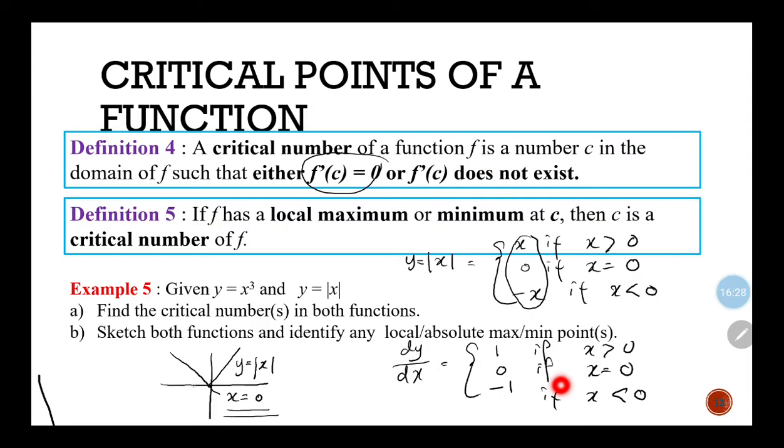And so we have sketched the function here. The absolute minimum is when x equals 0 as well. There is no absolute maximum here.